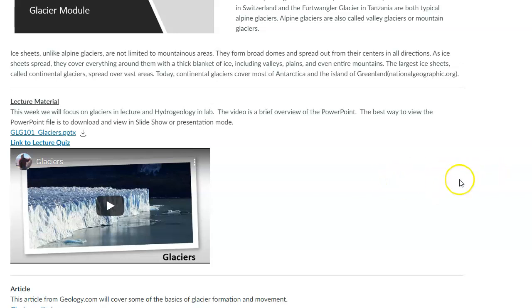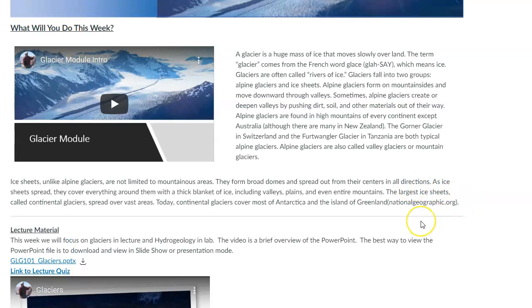And so, like usual, there is a PowerPoint here, and then there's a video that kind of walks you through the PowerPoint. In this one, although I try not to focus on terminology, lots of names and things with the glaciers, there is some terminology because glaciers do leave behind specific features, both erosional and depositional.